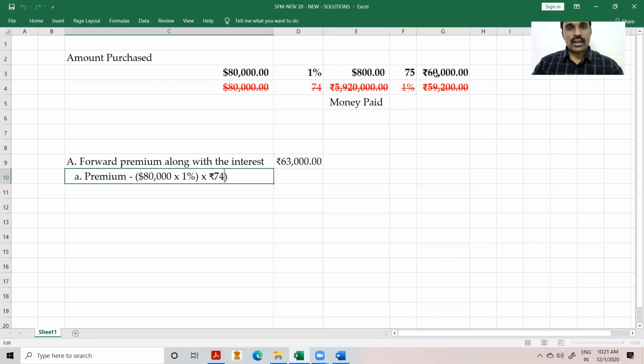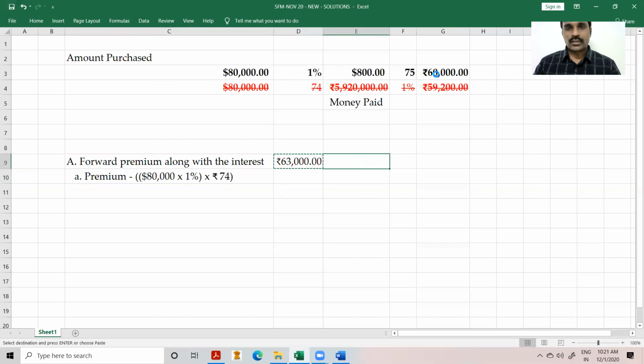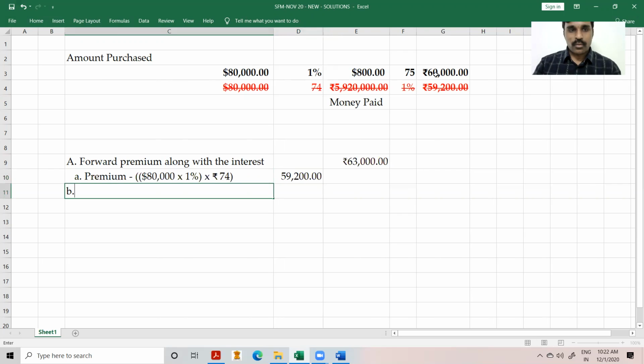This is how we got the premium. So this will be 60,000. That is what we have written above. So it will be $80,000 into 1% into 74, 59,200.